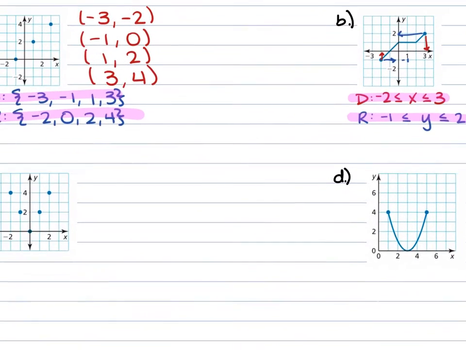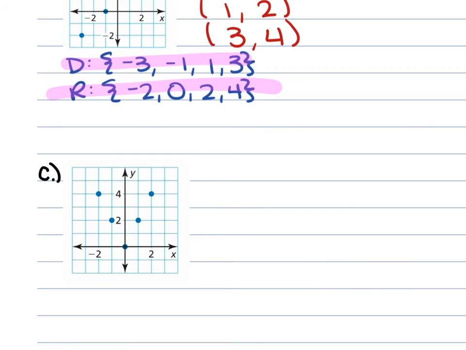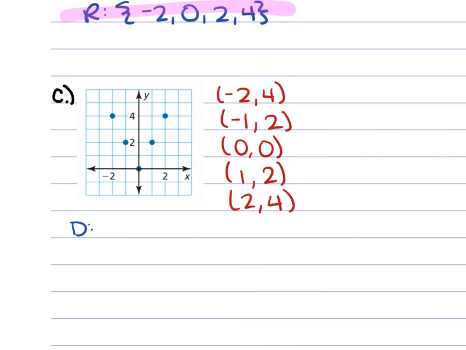For example C, we have these ordered pairs that are -2, 4, -1, 2, 0, 0, 1, 2, and 2, 4. Our domain values are those that are the x values.